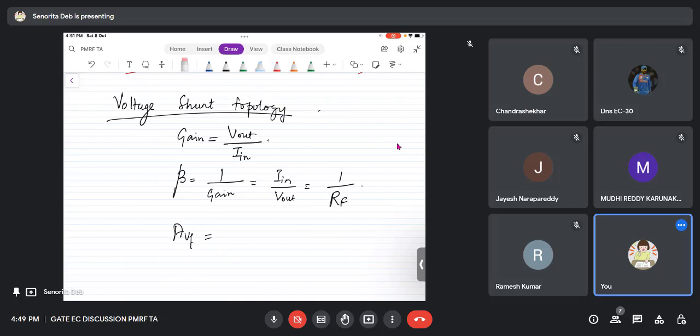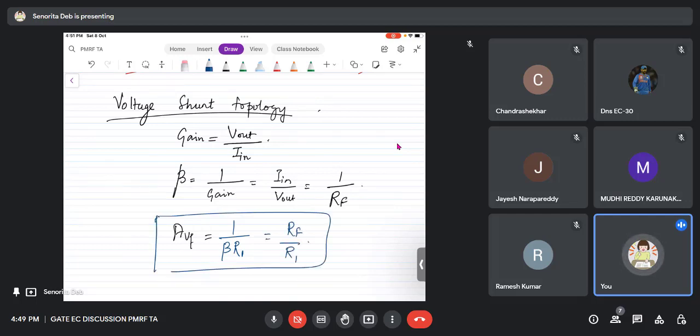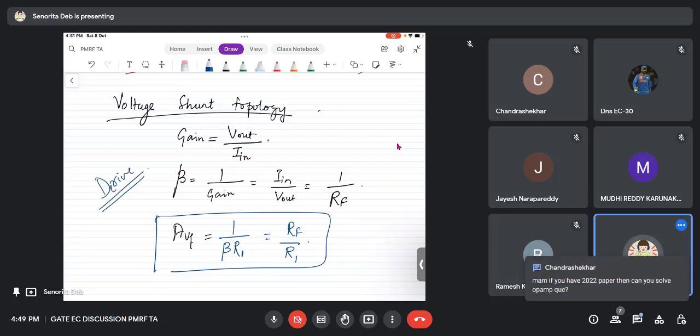So it will be given by 1 upon beta R. R1, that was the input resistance, and it will be given by Rf by R. So you can try to derive this. Check what the voltage shunt topology is and see how the derivations are done, and try to derive this.